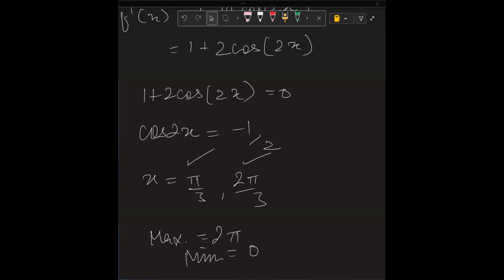Tell me how you did the 12th one. The question was wrong actually. So it should be y is equal to tan inverse x whole square. Tan inverse x whole square.